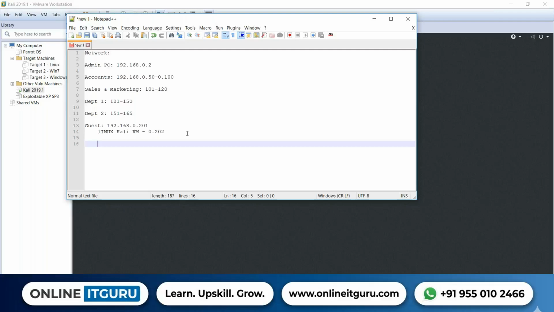So when you boot up the Linux Kali virtual machine and you start a network scan, you would find all the IP addresses from 0.2 till 0.201, because you yourself would be 202, right?